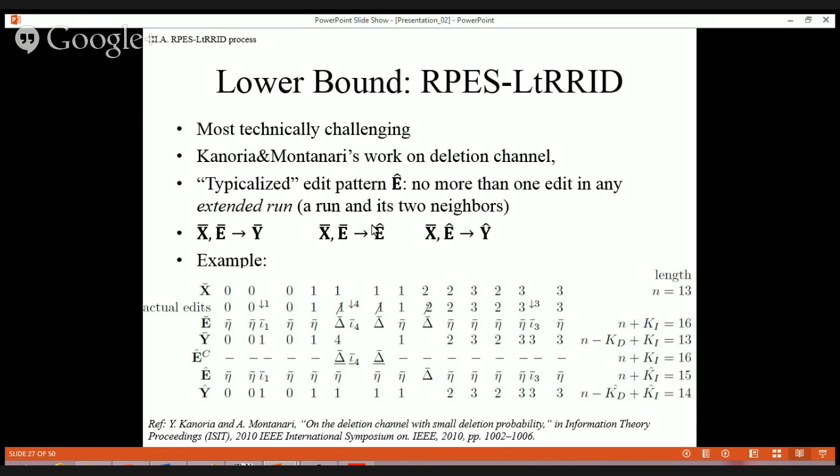And now we perturb this edit pattern to the typicalized edit pattern based on the runs of X. So this typicalized edit pattern E hat is actually a function of X and E. And with this typicalized edit pattern, the typicalized post-edit source sequence can be obtained by processing E hat on X.